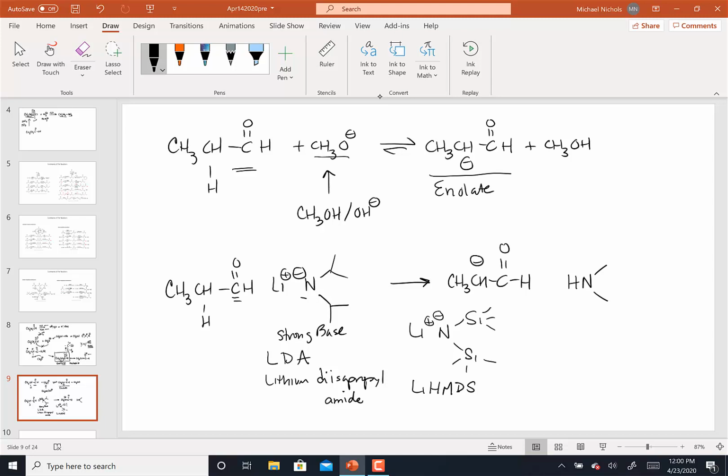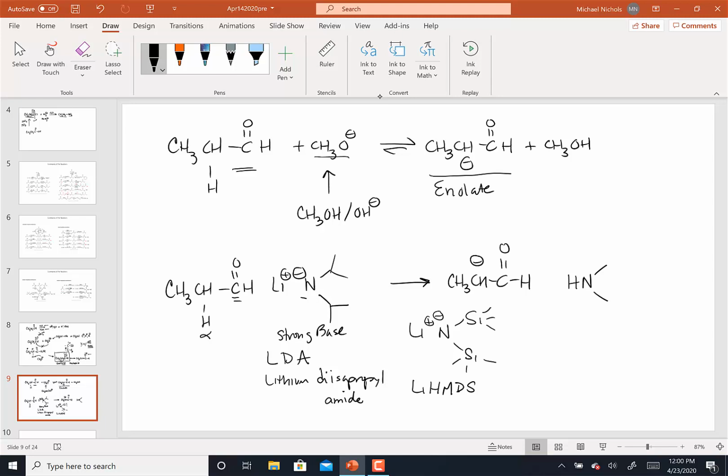When I was a postdoc, we published papers with lithium and sodium and potassium, and I think we even did cesium, although that might not be published. But we use this as a really nice base to completely deprotonate the alpha hydrogen on the aldehyde or the ketone.